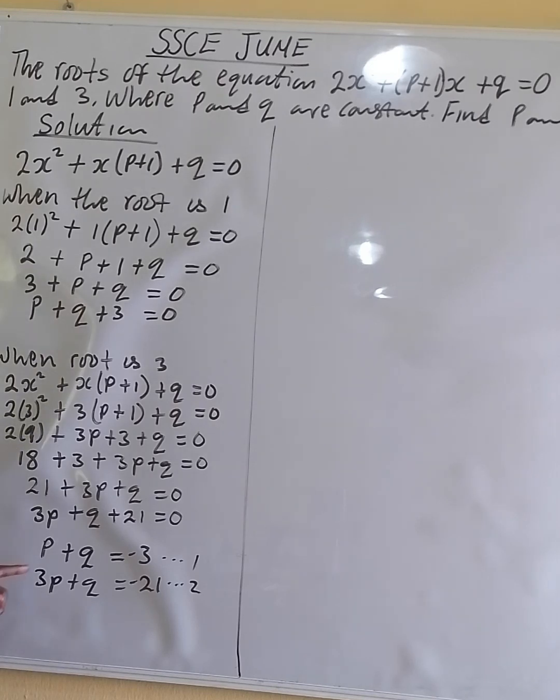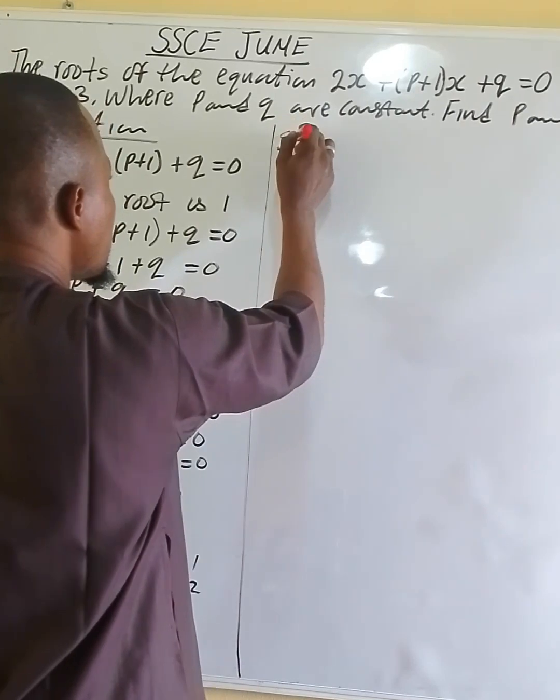So if you want to use substitution, we make p the subject of the formula. Then you take q to the other side. It will give us p equals minus 3 minus q. That's equation 3. Then we substitute p into equation 2.